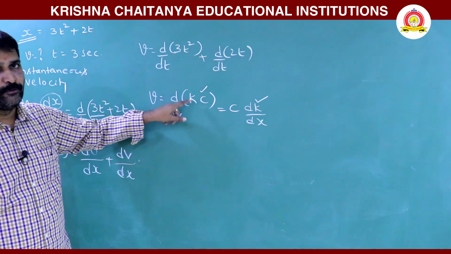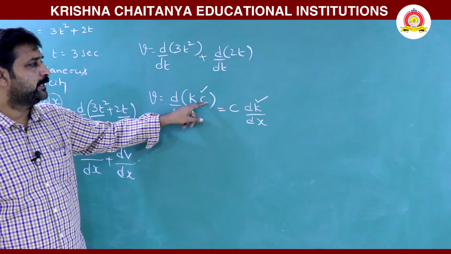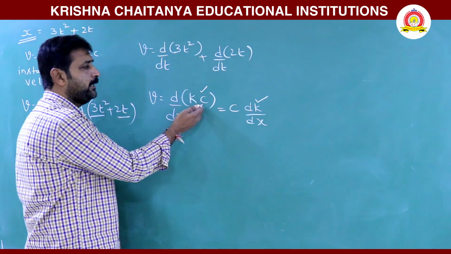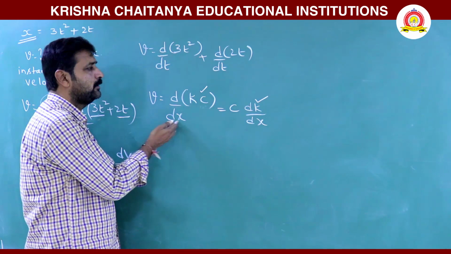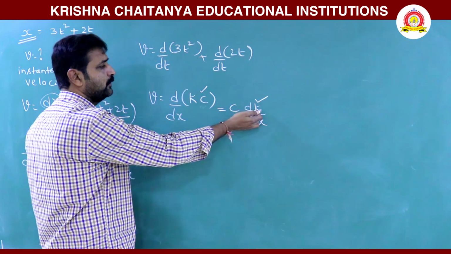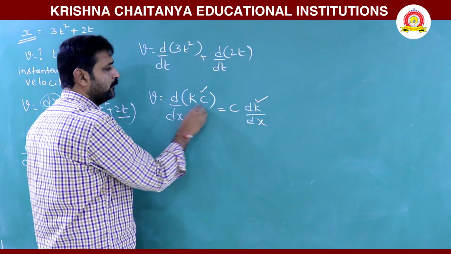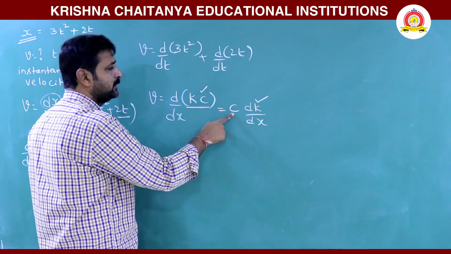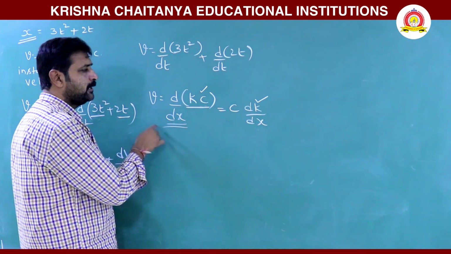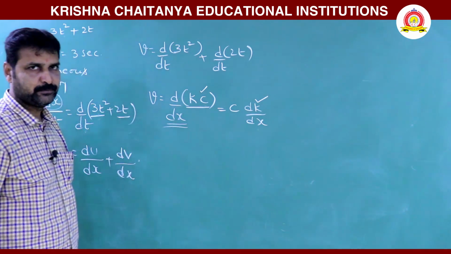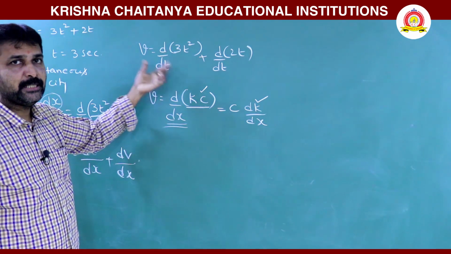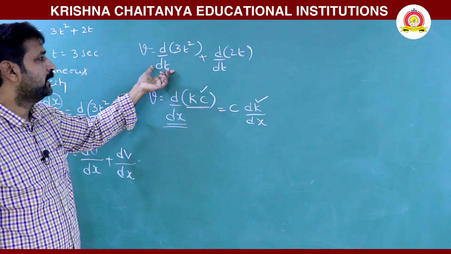If any variable is multiplied with a constant, the constant should not be differentiated, so it is out of the differentiation. So here the differentiation for this kc will be c into dk by dx. Here we are taking all examples with respect to some x. Maybe the variable may be time or any other physical quantity.